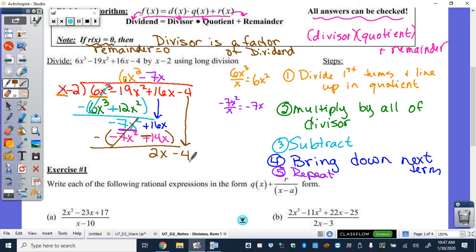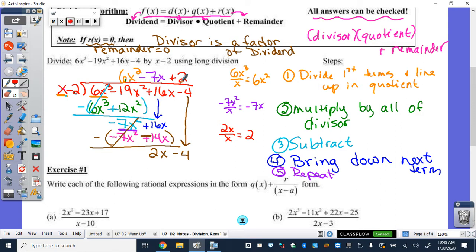And we have to do it one more time. So 2x divided by x gives us a 2. A positive 2 is the last part of our quotient up there.